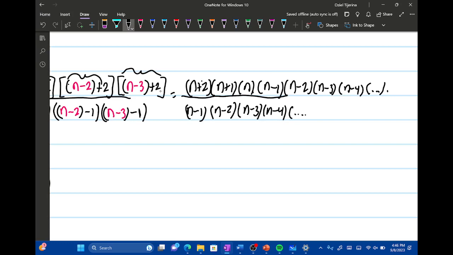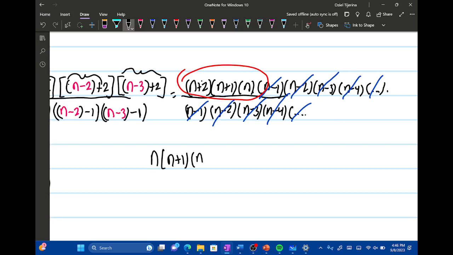If you look very carefully, these will cancel out. All of these, any term after that, will cancel out. So what are we left with? We are left with n times n plus 1 times n plus 2.